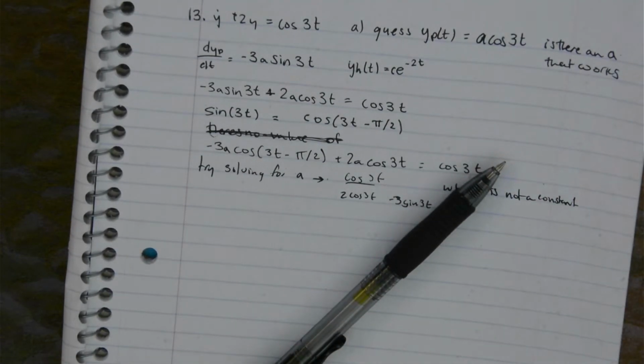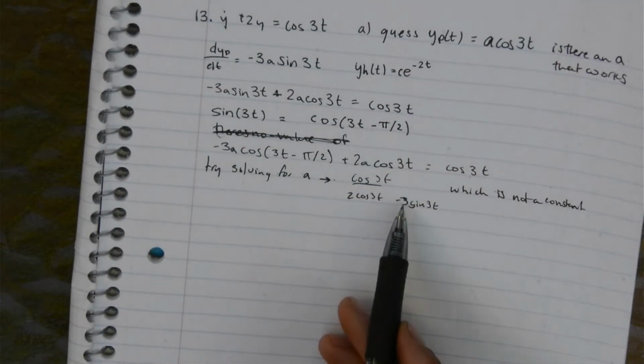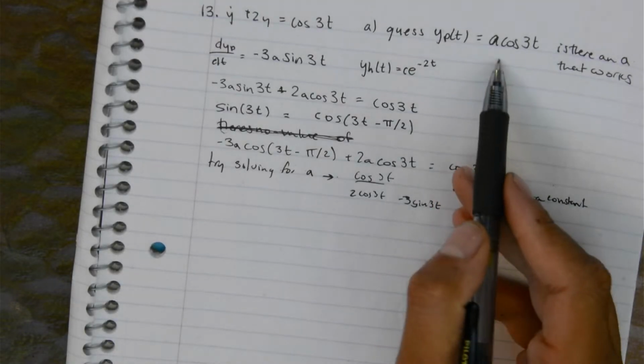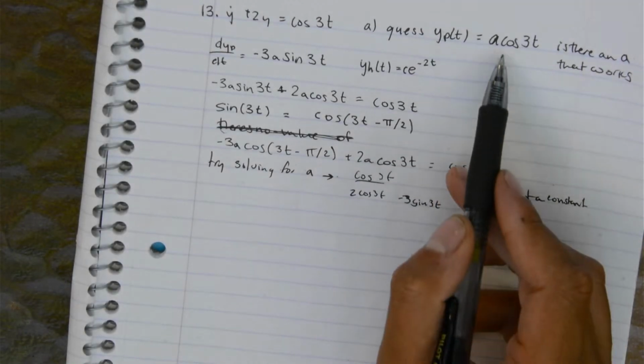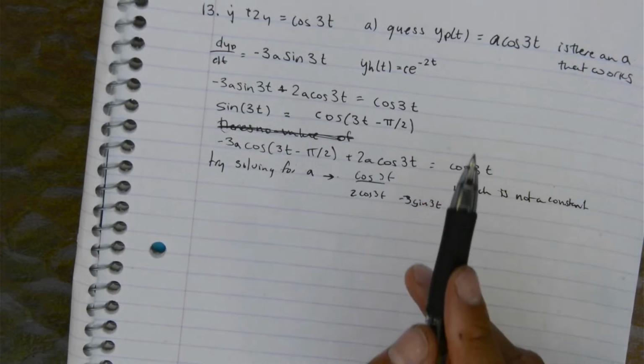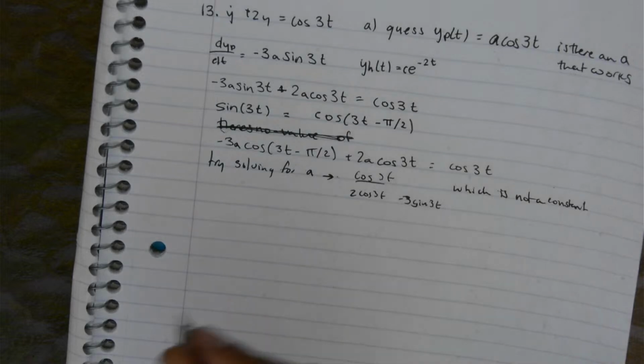So since there's no constant for a that solves this equation, that means that our guess of the particular solution of the non-homogeneous equation is wrong. So we need to go back and guess again. That's the answer to part A, that there is no value of a.